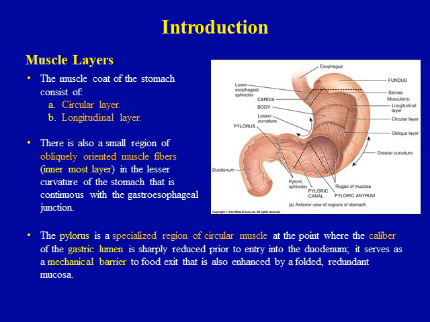The pylorus is a specialized region of circular muscle fibers at the point where the caliber of the gastric lumen is sharply reduced prior to entry into the duodenum. It serves as a mechanical barrier to food exit that is also enhanced by folded redundant mucosa, as we can see here, the folds of the mucosa.